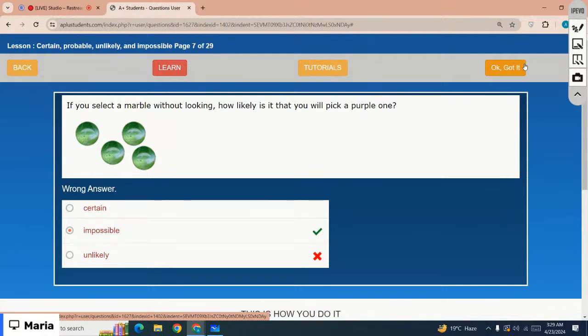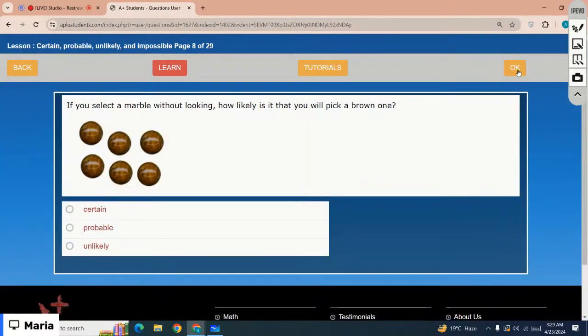Oh, sorry, impossible because you don't have purple here. If you select a marble without looking, how likely is it that you will pick a brown one? Which is the correct option?